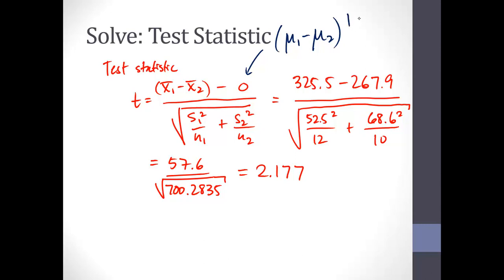But remember, we're assuming that the null is true, and we're assuming that mu1 is equal to mu2. So what we're hypothesizing for the difference between those two means is just 0. So if we're assuming that mu1 equals mu2, then this thing here is 0.